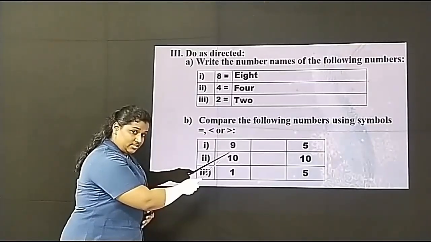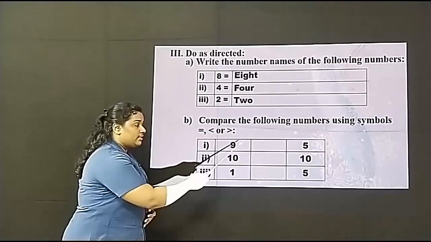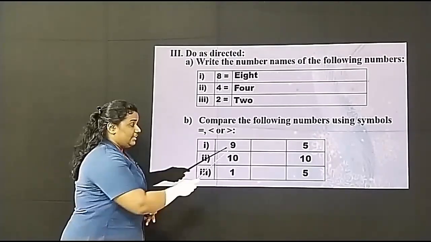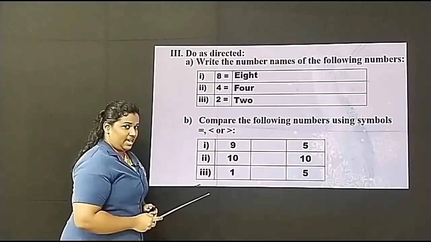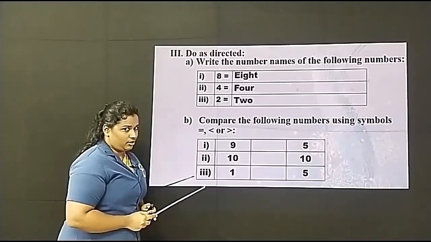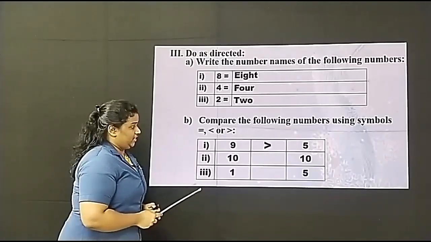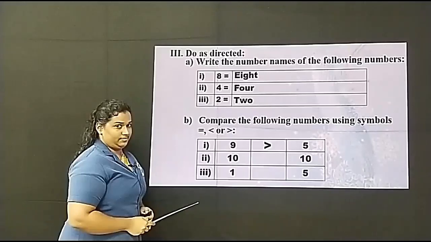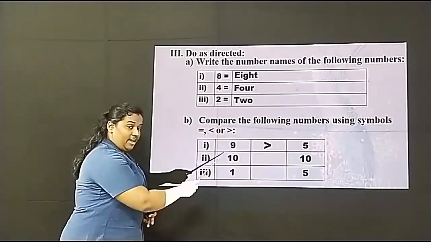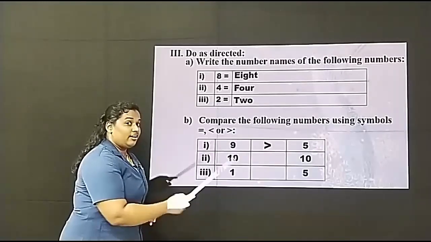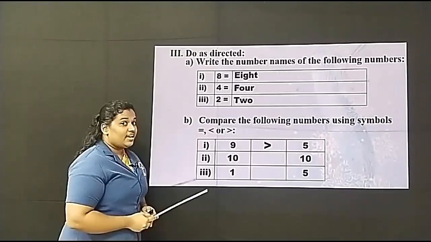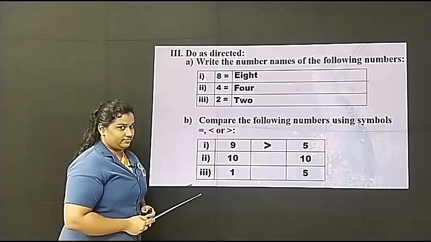Is it greater or smaller than 5? Yes, 9 is greater than 5. So, 9 gets the open side of the symbol. So, let's put the symbol. Then how do you read it? Very good. 9 is greater than 5. Once again repeat. 9 is greater than 5.